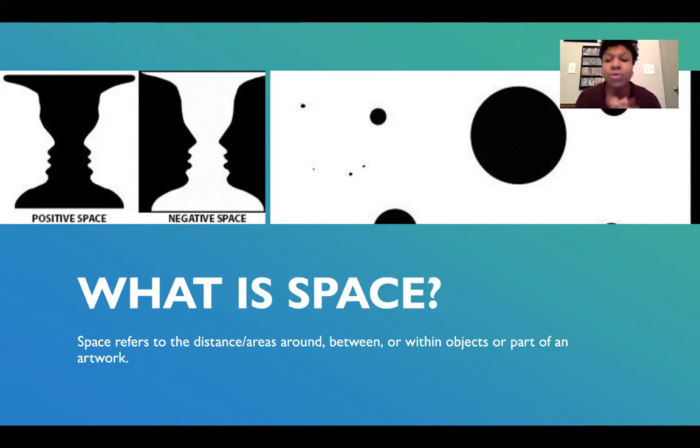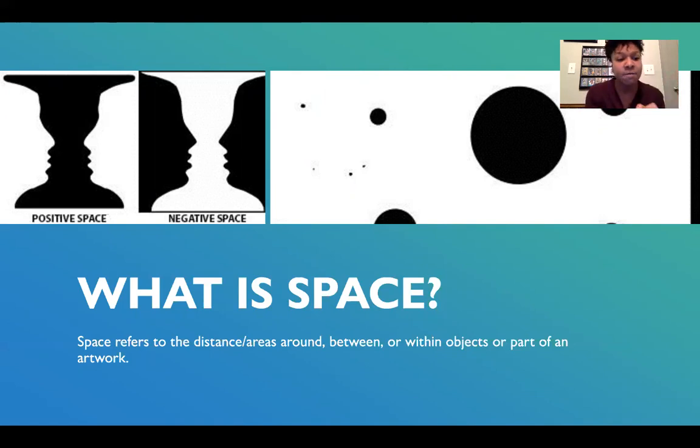So a lot of times we look at artwork, like the artwork you see here, we can see all the white space and we can identify this is white space. But what about those black areas? Those are also areas that we call space. But there is a difference between the positive and the negative space.